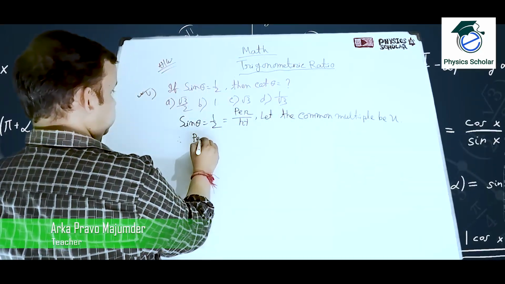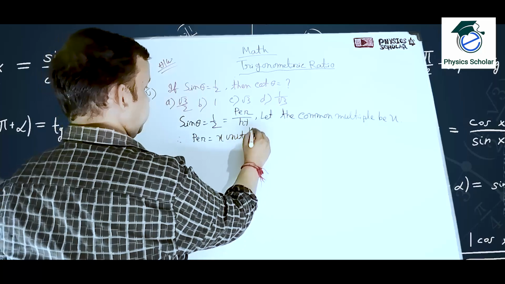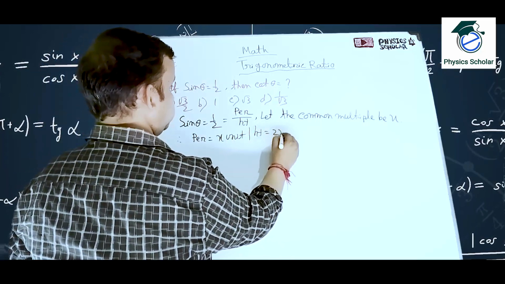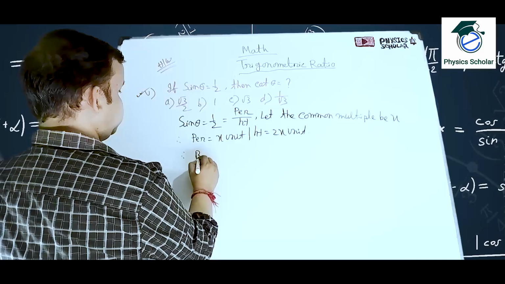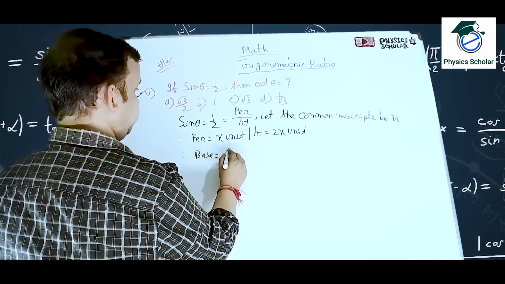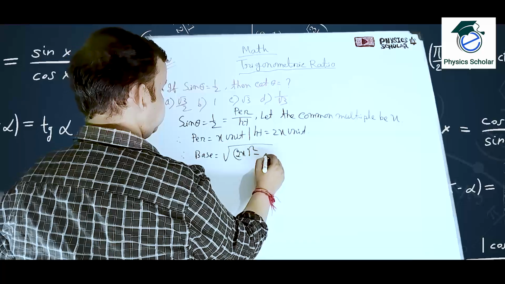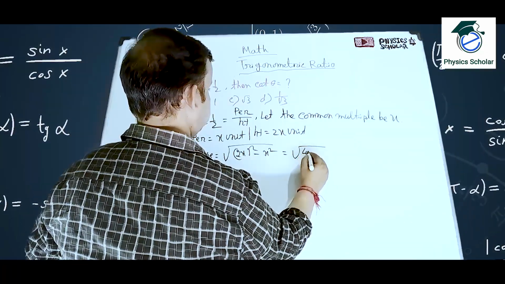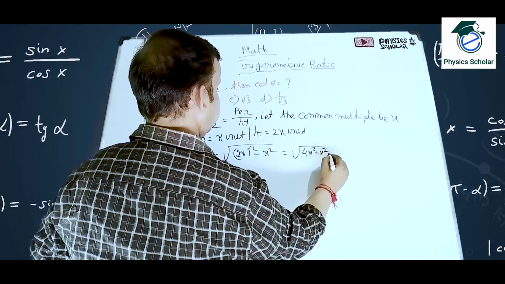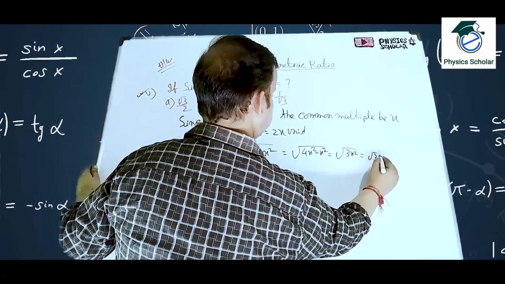Therefore perpendicular is equal to x unit and hypotenuse is equal to 2x unit. So base is equal to, by Pythagoras theorem, root of hypotenuse square minus perpendicular square. So 4x square minus x square. So 3x square, is equal to root 3x unit.